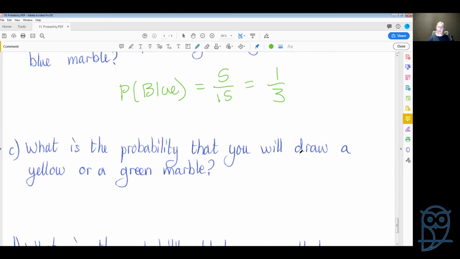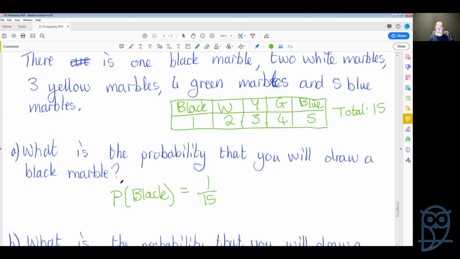So what is the probability that you will draw a yellow or a green marble? Okay, here it gets slightly more difficult, because if we draw a yellow marble, it's fine, and if we draw a green marble, it's fine. So we need to add these two probabilities together. So we've got 3 yellows and 4 greens.